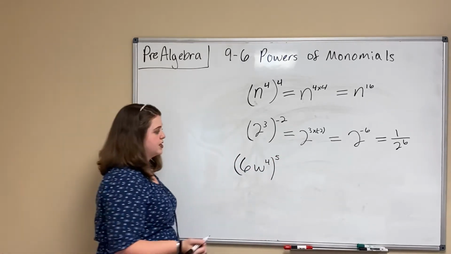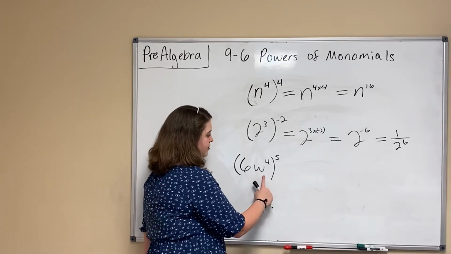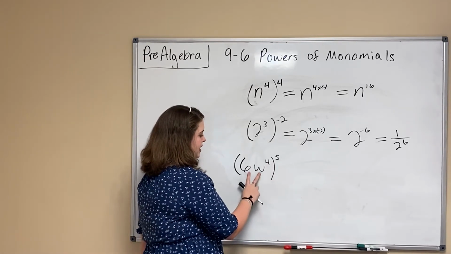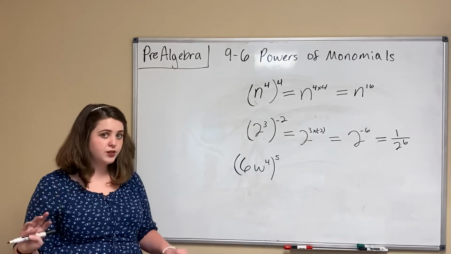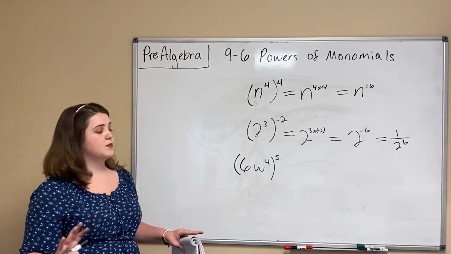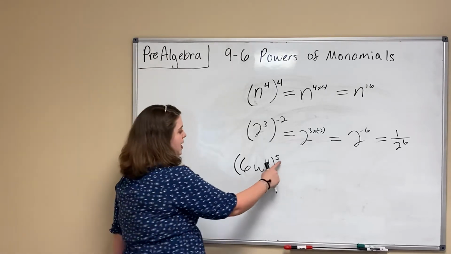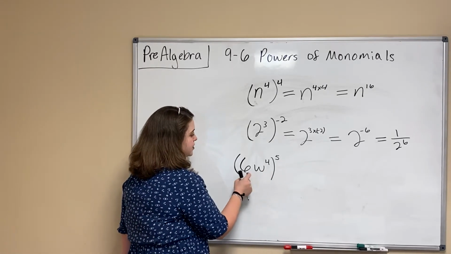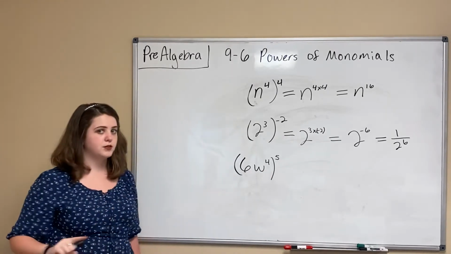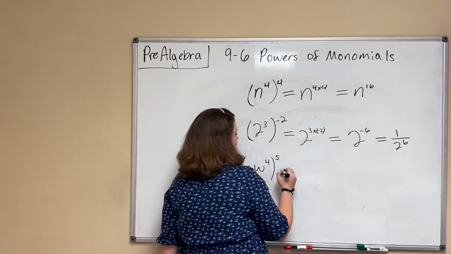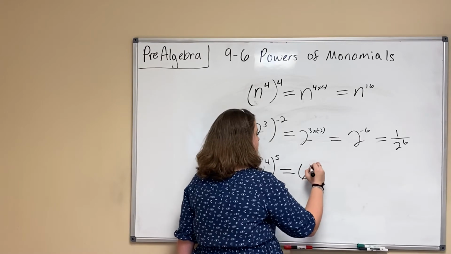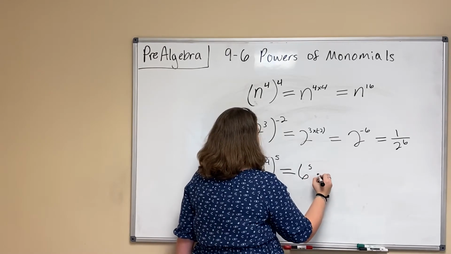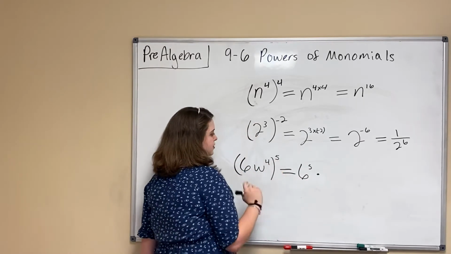So now instead of just having one power raised to another power, I have 6 times w to the 4th. What we're going to do here is find the power of each piece and then multiply them together. So I'm going to rewrite it like this. 6 to the 5th times w to the 4th to the 5th.